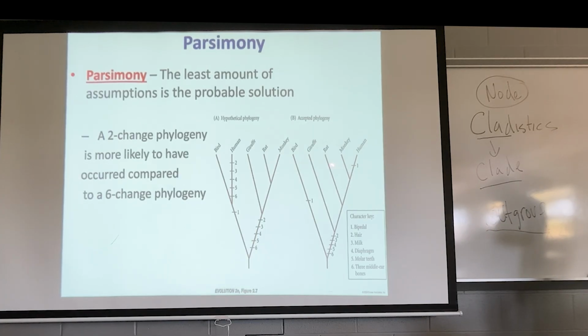So if you look at these two trees where we're putting birds, humans, giraffes, rats, and monkeys together, you have two hypotheses. One has 12 steps and one has 6 steps, right? Notice we put 1 twice here, okay? Which would be convergence when you see the same character twice. But this is the more probable or accepted phylogeny because it's a lot less steps. And that's called parsimony.